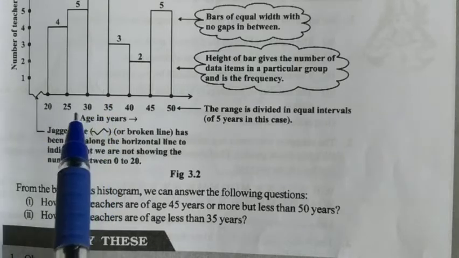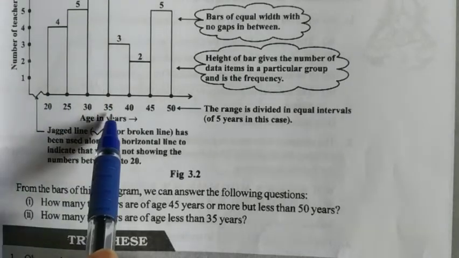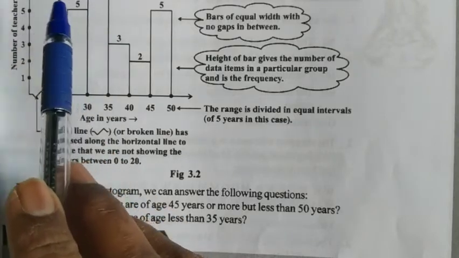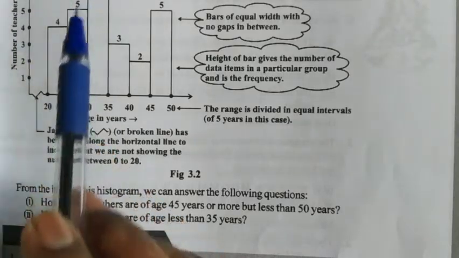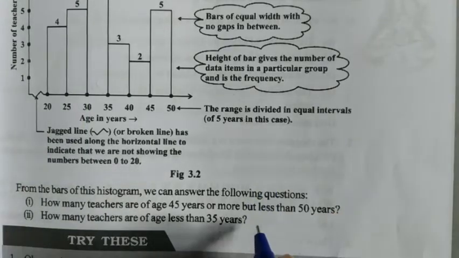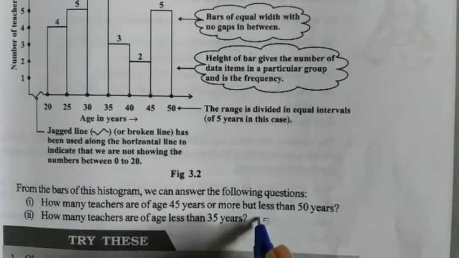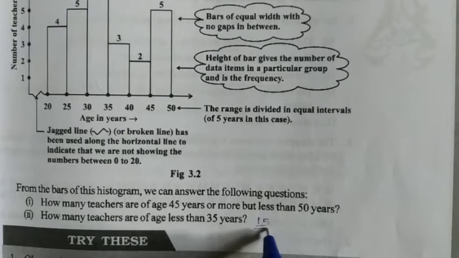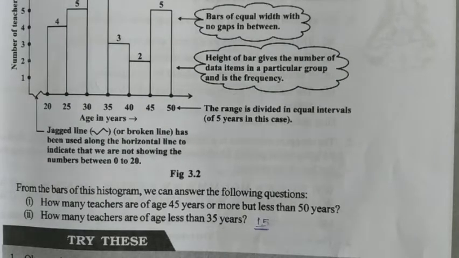Here we take 20 to 35 in total. The total number of teachers is 4 plus 5, which is 9, and 9 plus 6 is 15. Yes, 15 teachers are of age less than 35 years.